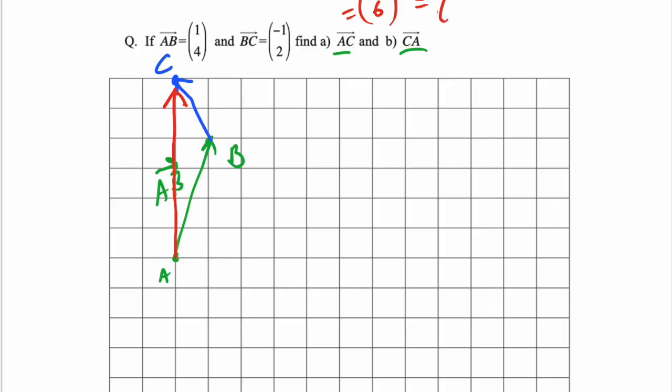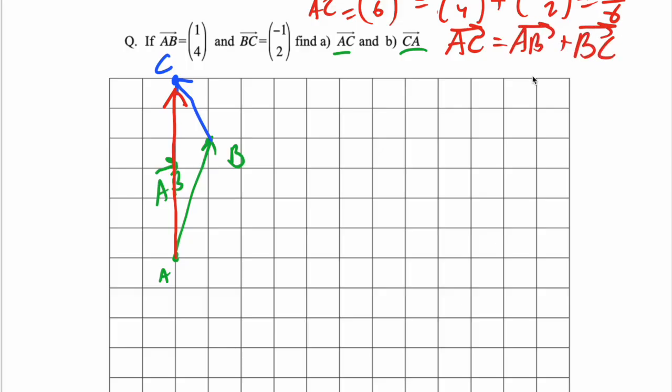So that's just 1, 4 plus negative 1, 2 gives you 0, 6, right? Okay, so if you have AC, summary, AC is just equal to AB plus BC. Okay, it's like if you go from A to B and then B to C is the same as going from A to C, so it makes sense, right?